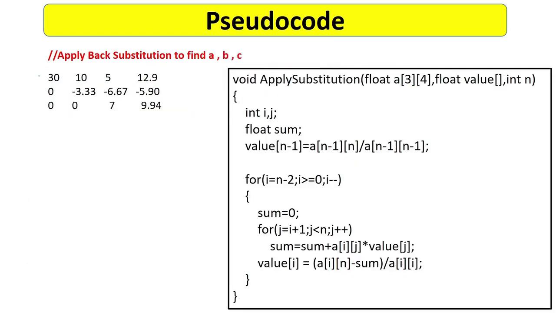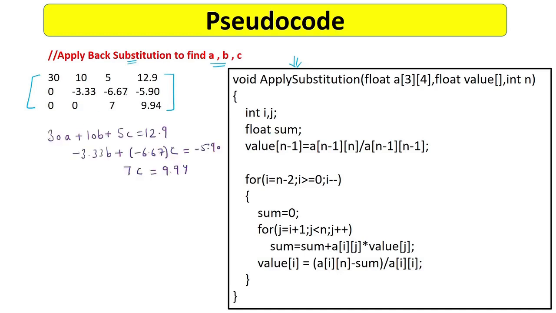Now after finding the upper triangular matrix, what is the next step? I have to find the values of A, B, C. For that I have to apply the back substitution method, and this is the code for that. The Gauss elimination method says that to apply back substitution, you have to convert this upper triangular matrix into three equations.